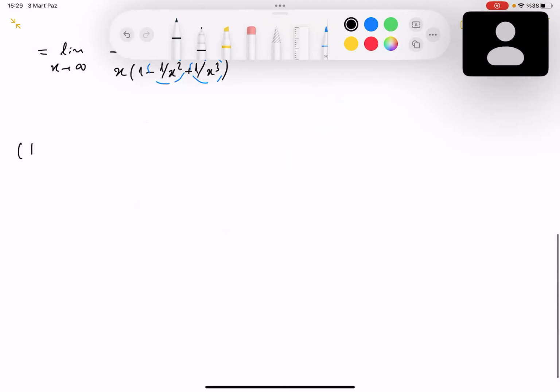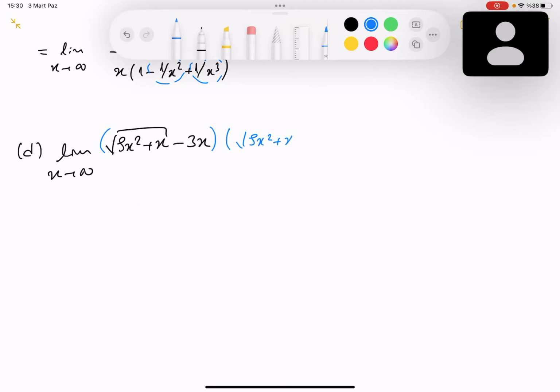Let's solve part D2. Now x is approaching infinity, and you have this value. First, you multiply it by its conjugate and divide it by the same to get the same function as in the beginning.